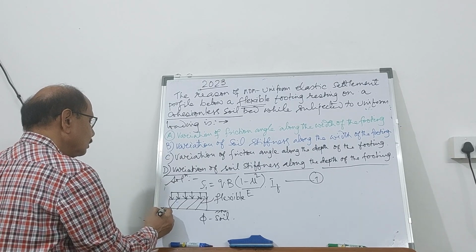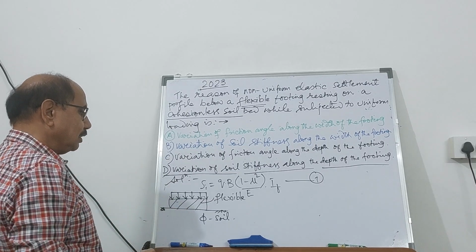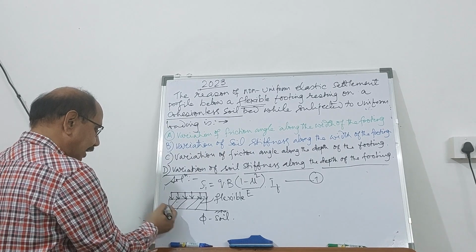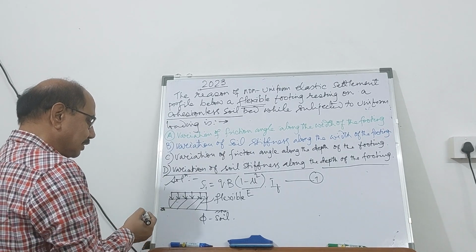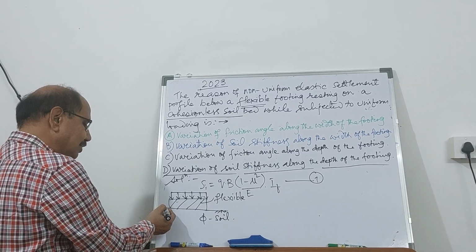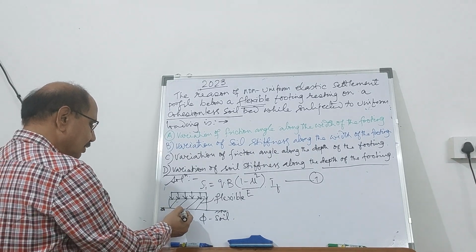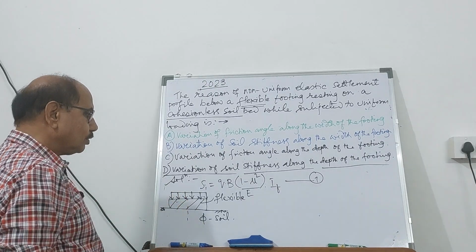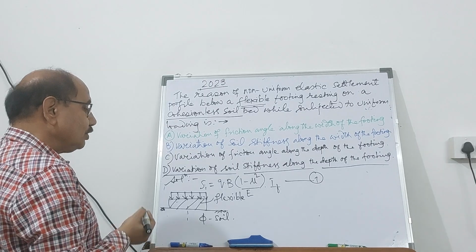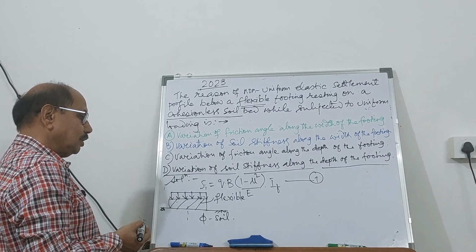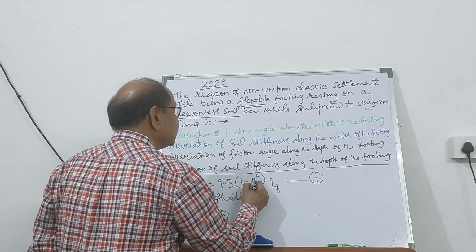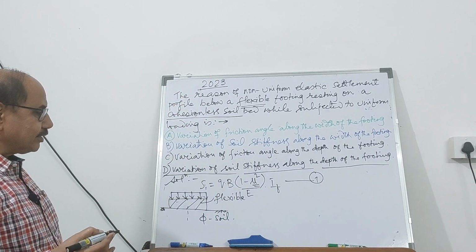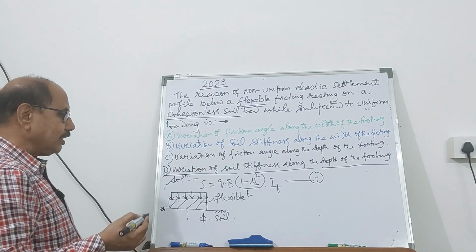Now, the soil stiffness here at the edges, the phi soils are less confined, whereas the confinement at the center is going to be more. So the stiffness is going to change. And you know that mu is lateral strain upon longitudinal strain.